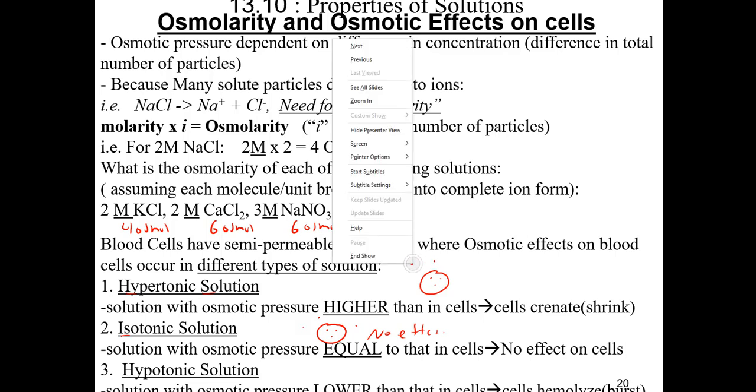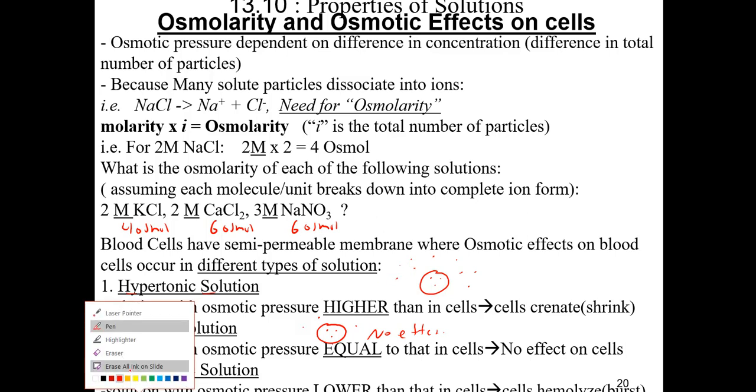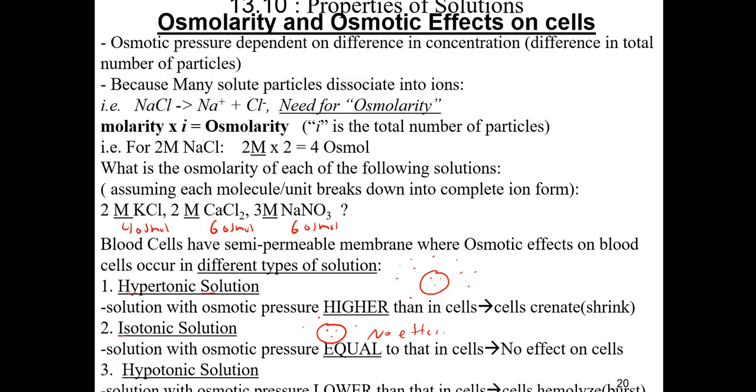So I'm just going to go ahead and draw a whole bunch of solute particles. Now, what's going to happen is water is going to want to exit the cell because it's going to be greedy and it's going to want to surround all those solute particles on the outside of the cell in solvent cages.